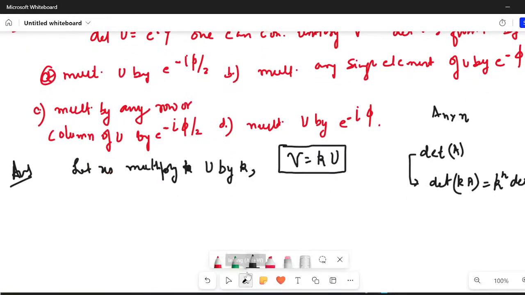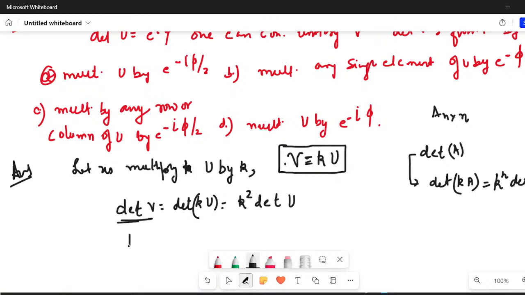Now, if I'm getting V by multiplying U by k, I know that determinant of V would be equal to determinant of kU, and since it is a 2 cross 2 matrix, it is equal to k squared times determinant of U. I know that determinant of V is equal to 1. It implies k squared should be equal to determinant of U. And what is determinant of U? It is equal to e to the power iota 5, and that gives me k equal to e to the power minus iota 5 upon 2.